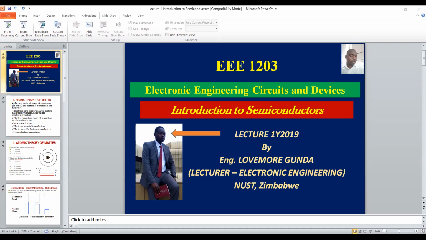So let's say we have a positive and a negative. This is just a simplistic view, right? Then when this electron moves out of its orbit, we now have an excess of positive charges. Remember, an atom on its own is electrically neutral.